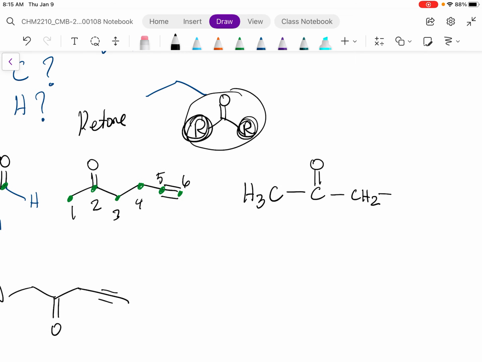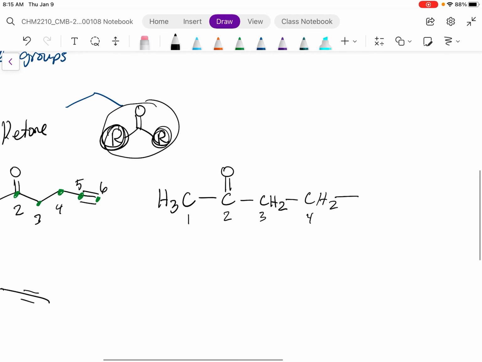So let's just keep track of the numbers here. That's carbon 1, 2, 3. Carbon 3 is attached to carbon 4. Okay. And then we are attached to carbon 5, which is triply bonded to carbon 6. And then what else is attached to carbon 6?